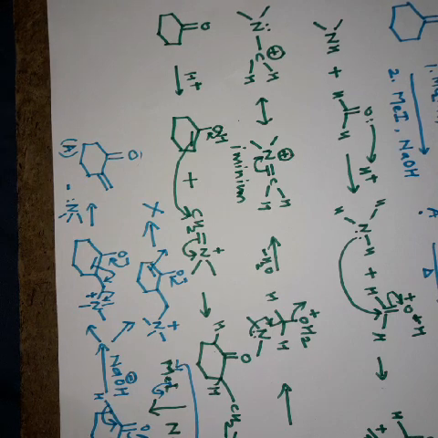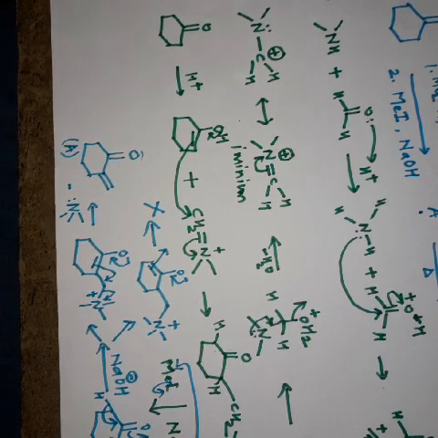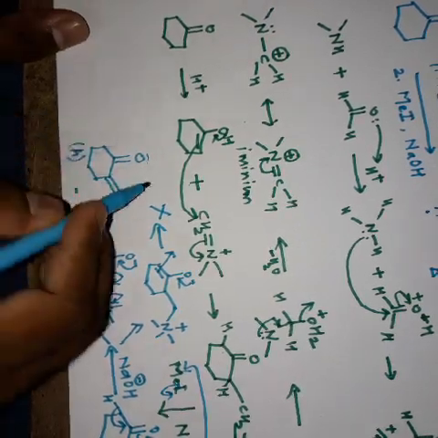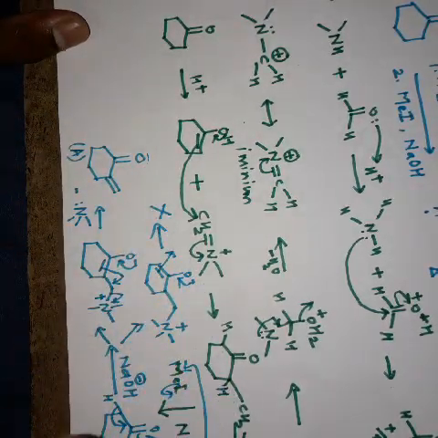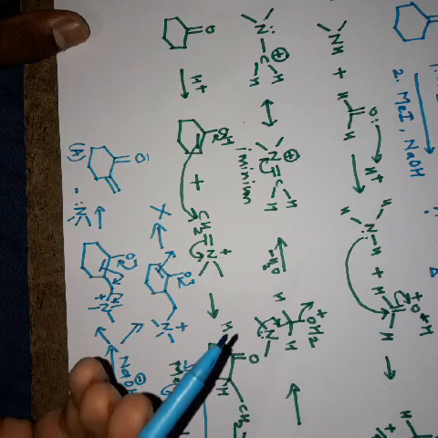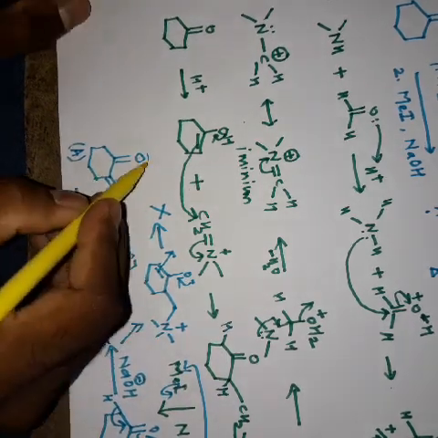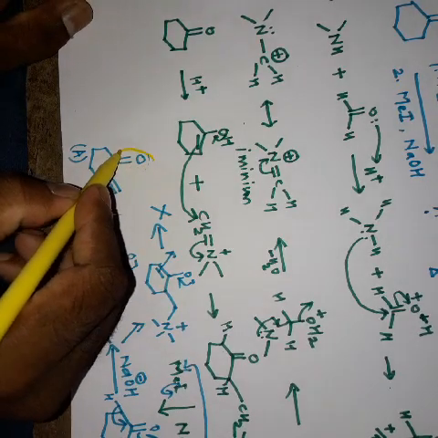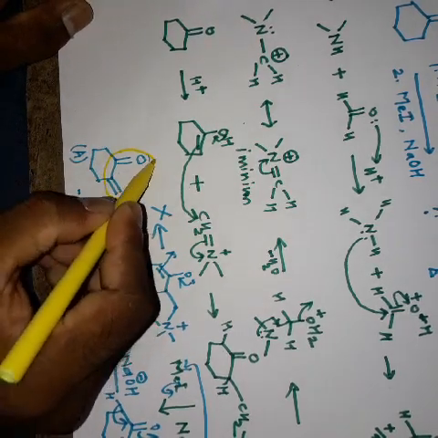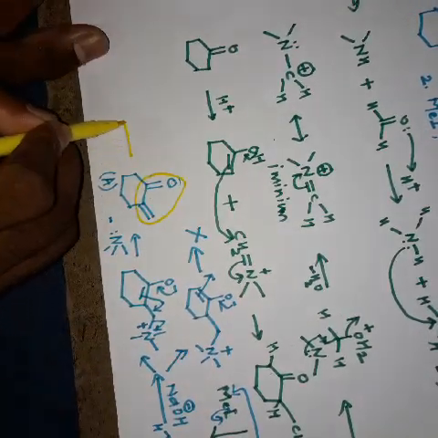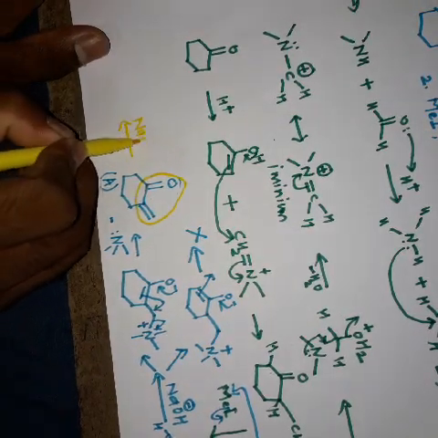In that reaction, the first part is actually a Michael addition, and there I have told about how it goes. So in the Michael addition, we need an alpha beta unsaturated ketone, which is present over here, and we want a nucleophile to attack, and we have a nucleophile, that is NaCN.